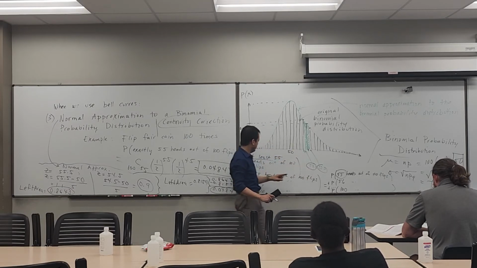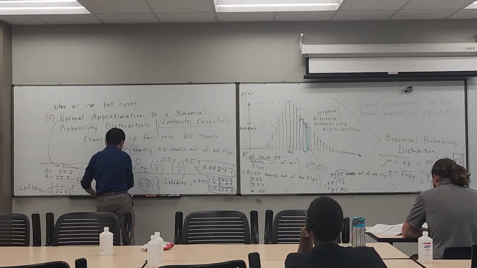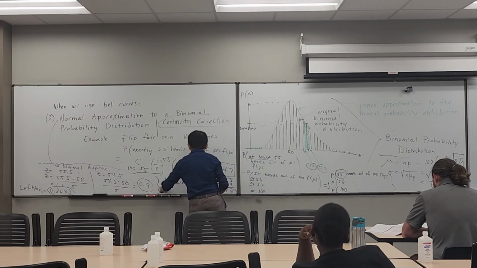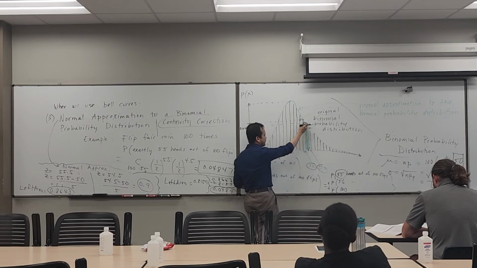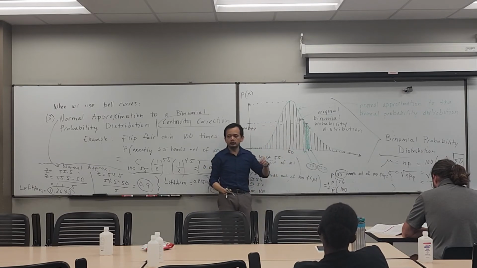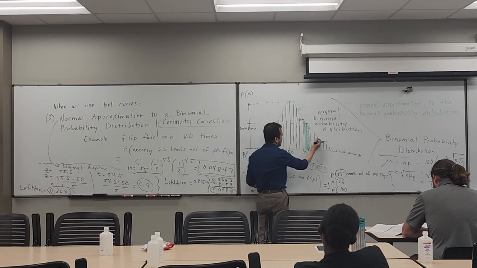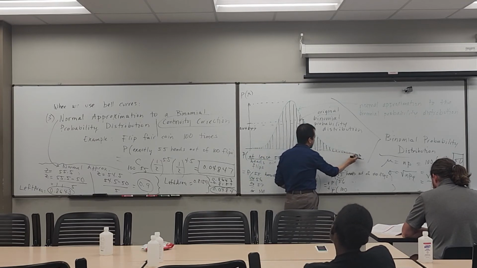If we want 55 or more, that means we're going to include everything to the right of it. So this green is the continuity correction for just the one data point of 55. But if we want 55 heads or more, then we're including all the areas to the right of that as well.